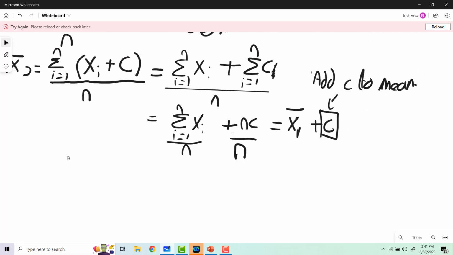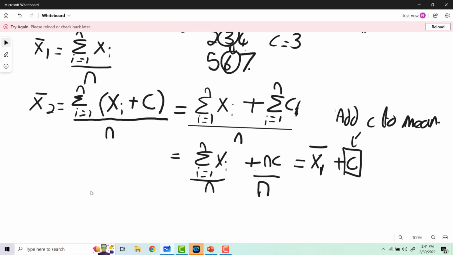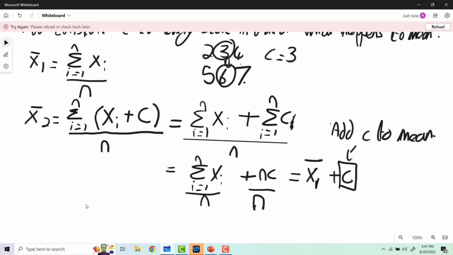Okay, so we know how this works by now. We've got x bar 1 equals sigma xi over n.